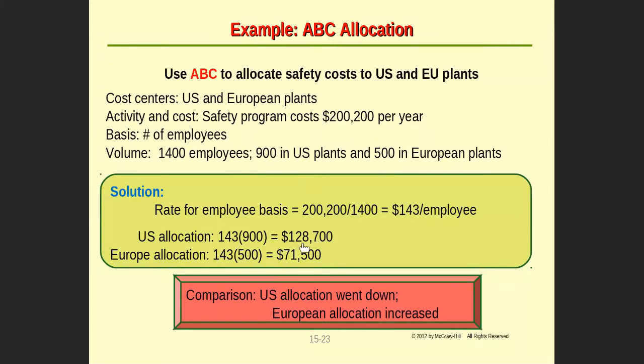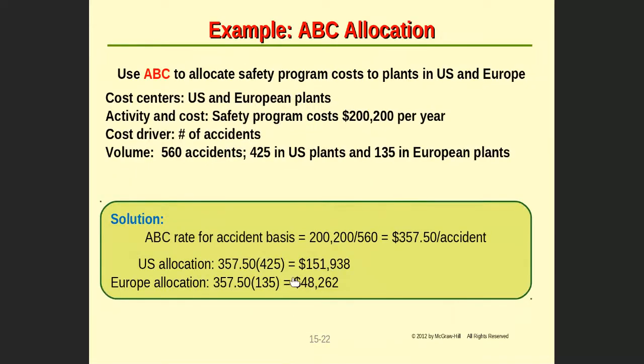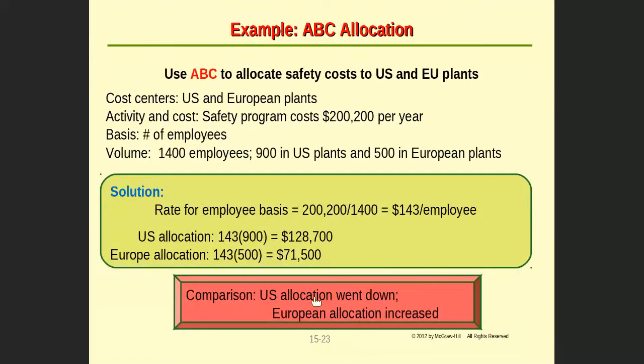You see how the US allocation is reduced when the driver is changed, comparing the US allocation to the European allocation. In the US allocation, when we use the number of accidents, the 151,000 was the cost. When we use the number of employees, the cost becomes 1,128, and this is a reduction when we change the driver.